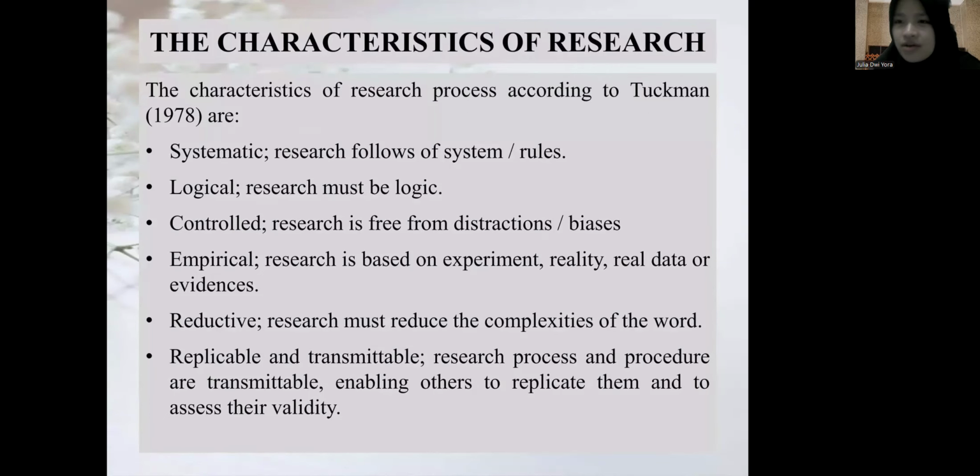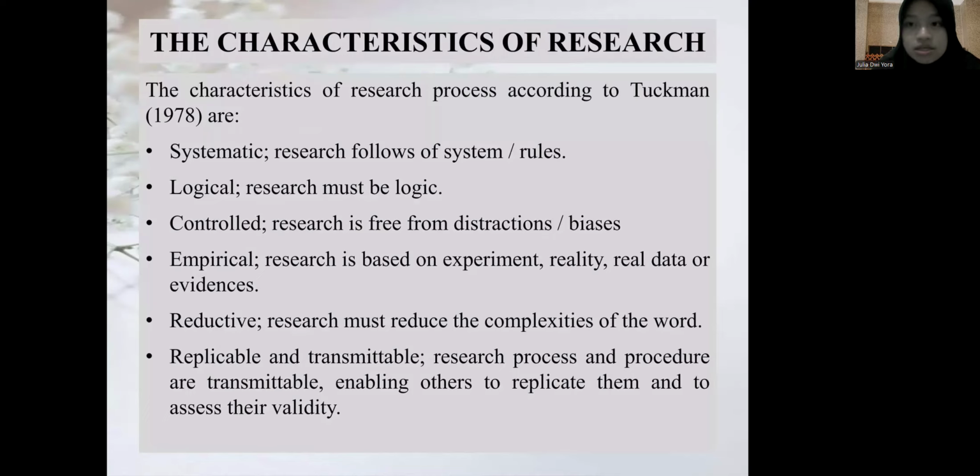So what are the characteristics of research? From the document, 1978, the first one is systematic. So the research follows several steps, several rules. The researchers have to follow the rules and have the results based on a correct system.